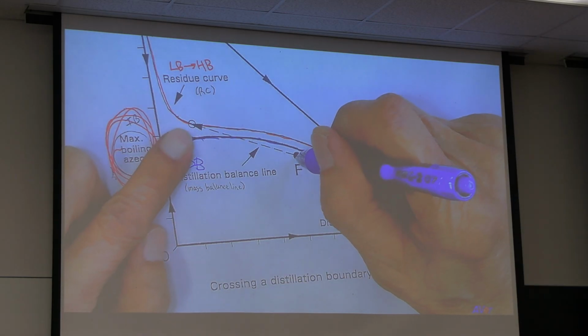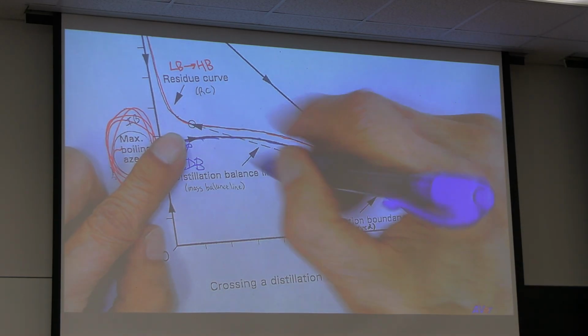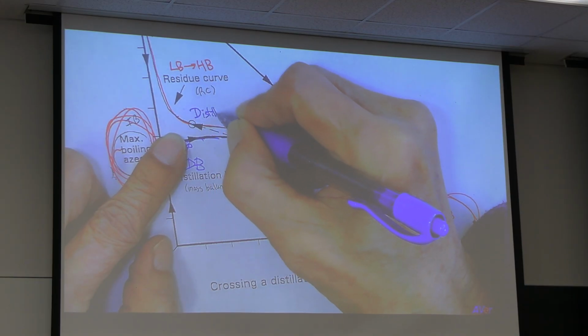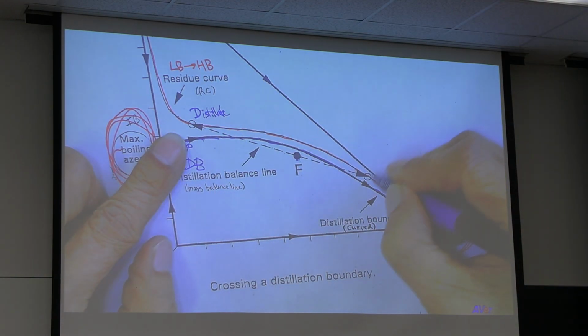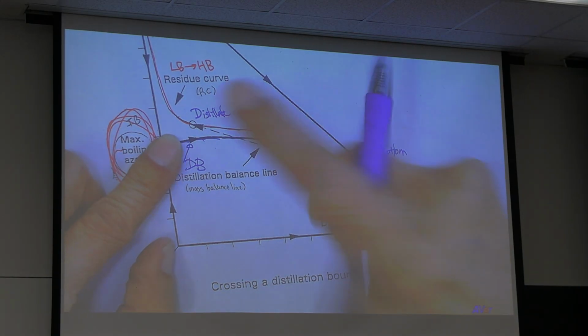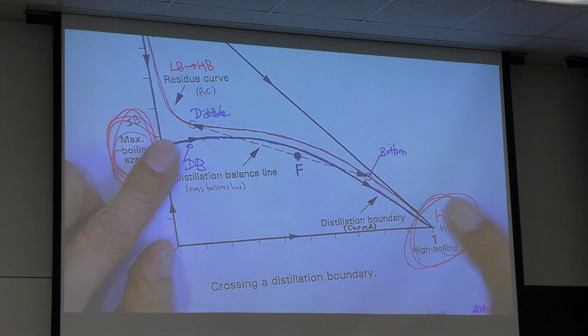F, okay, distillate, bottom, lowest boiling and highest boiling.